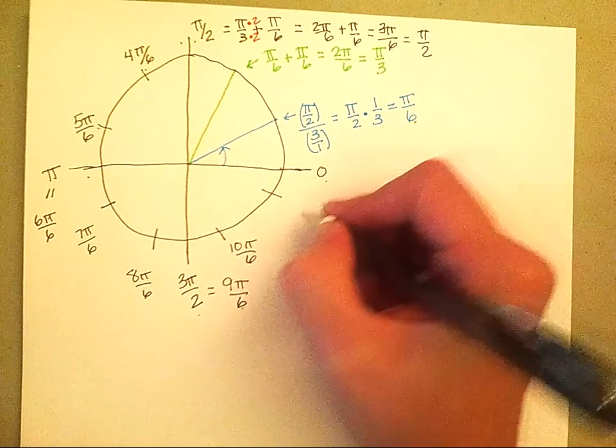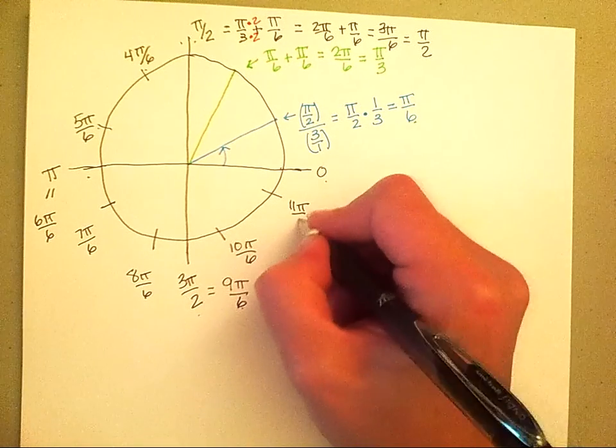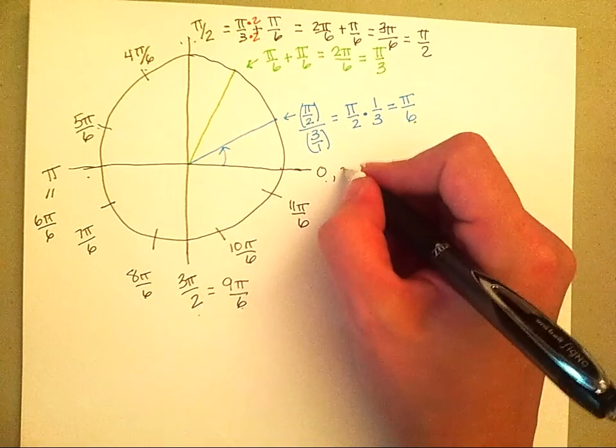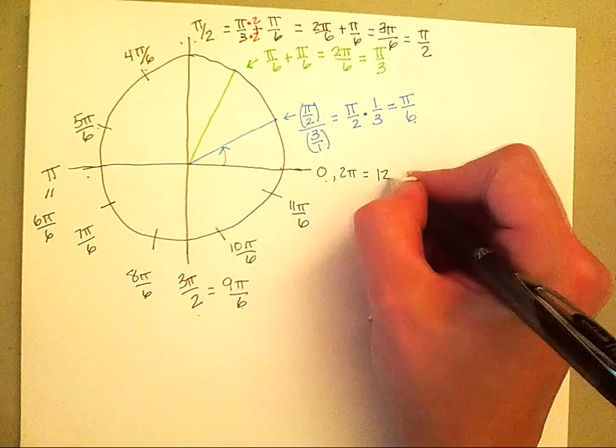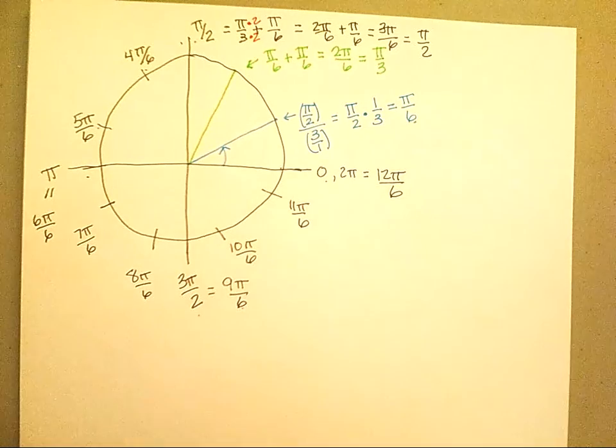So this is 10 pi over 6, 11 pi over 6, and this is 0 or 2 pi, which is 12 pi's over 6.